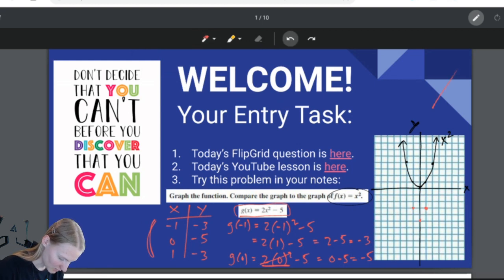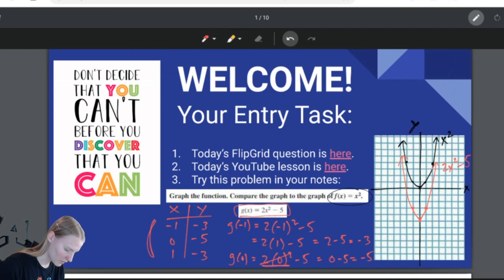You don't want it to be a straight line, you want it to be curvy. So, there we go. Better. Oops, rip headphones. Okay, something like that. And this is 2x squared minus 5.